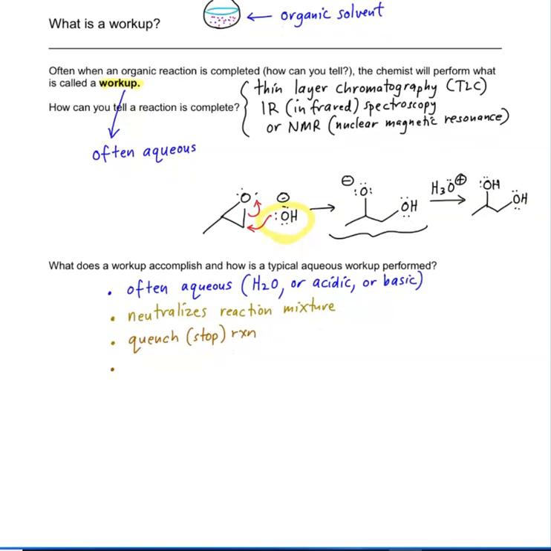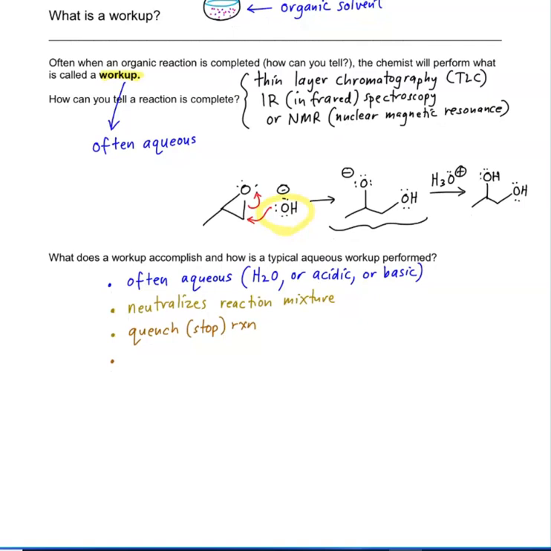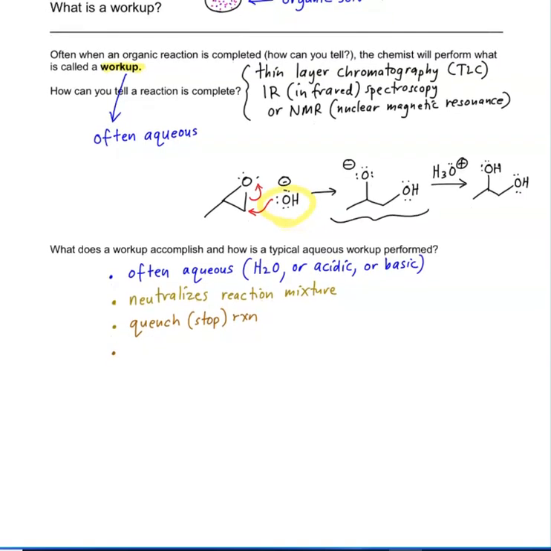Okay, now another thing that it can do, especially if you're using an aqueous workup and you're pouring that in carefully to an organic solvent, what's going to happen is that the aqueous and the organic layers are going to separate from one another. So the aqueous and organic solvents will separate.